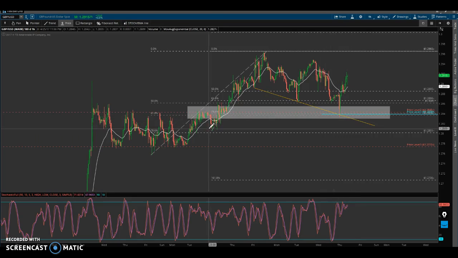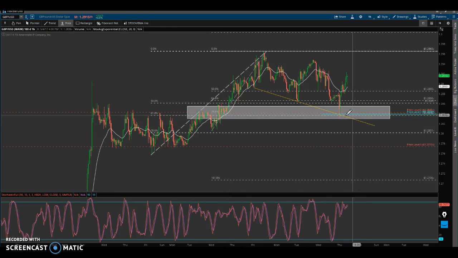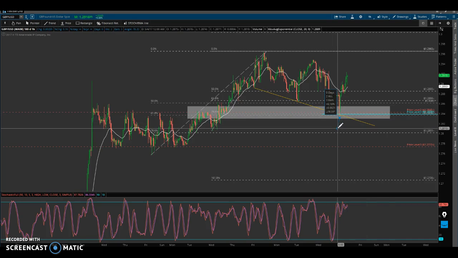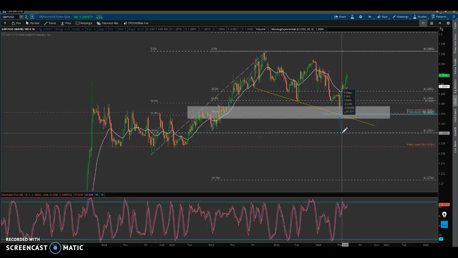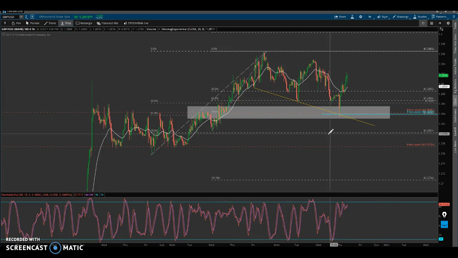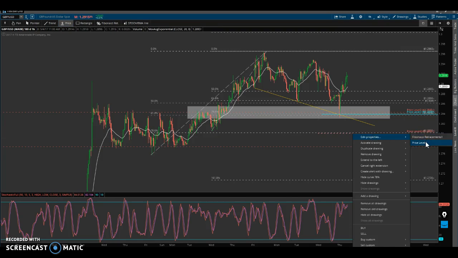If not here, certainly down a little bit more into this structure level here. So I really didn't have that large of a stop. I just took it right around 30 pips, which is my usual stop loss. I believe I had it right at 1.28.